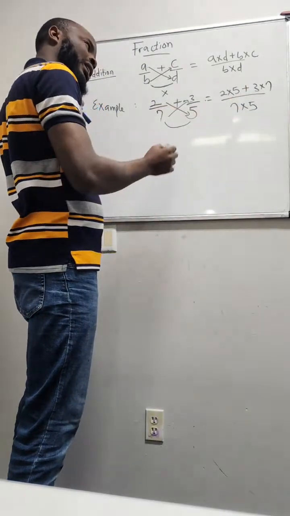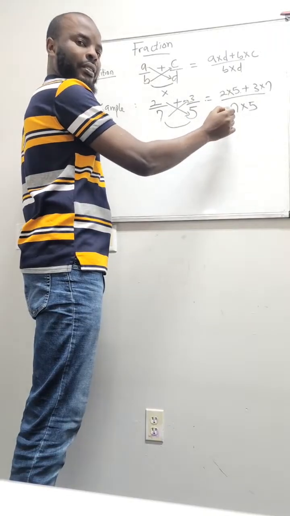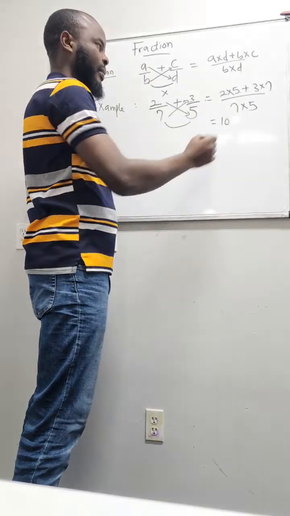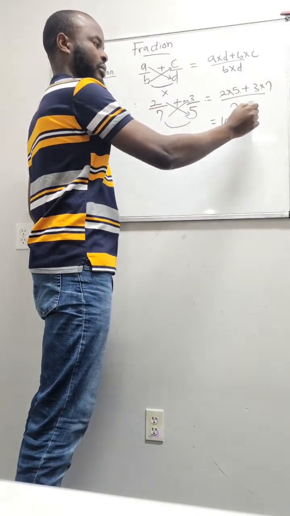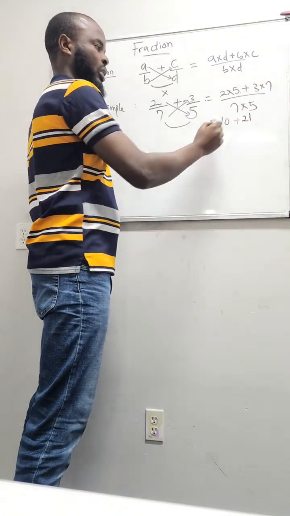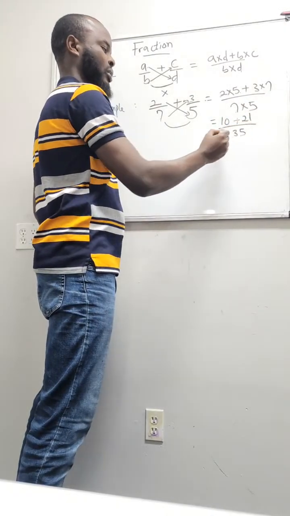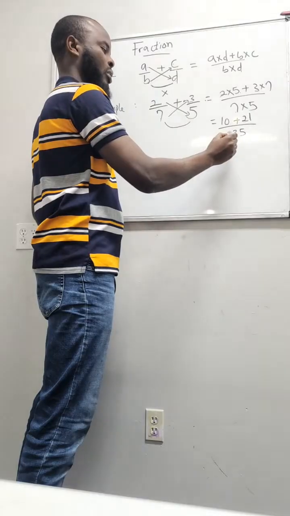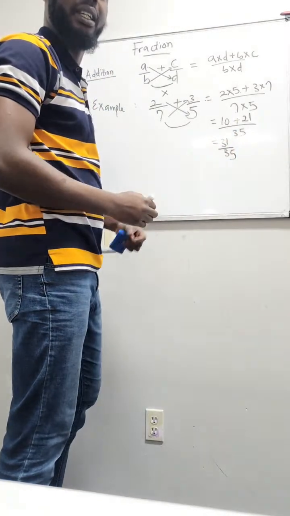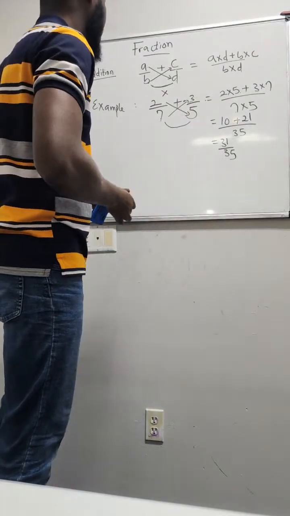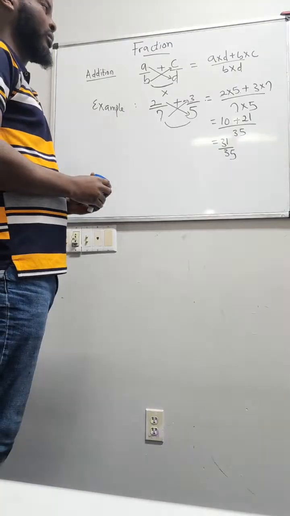And now here we have 2 times 5 gives 10, plus 3 times 7 gives 21. Dividing it by 7 times 5, which is 35. So we got 31 over 35. Perfect. Yeah, Via, this is perfect. Good. This is on addition, and let's move to subtraction.